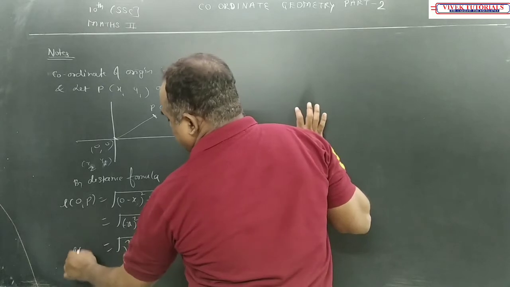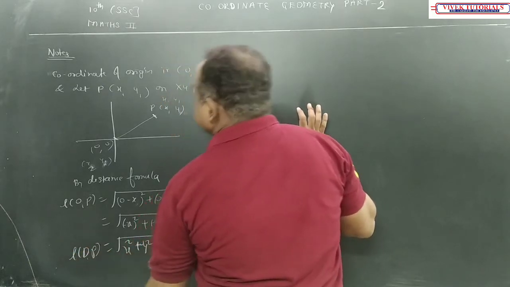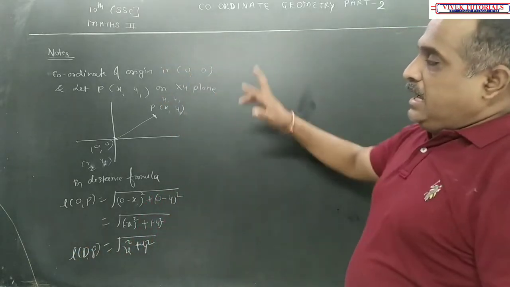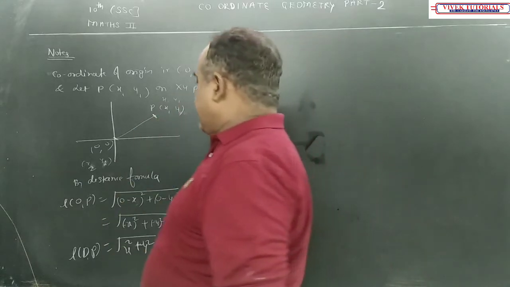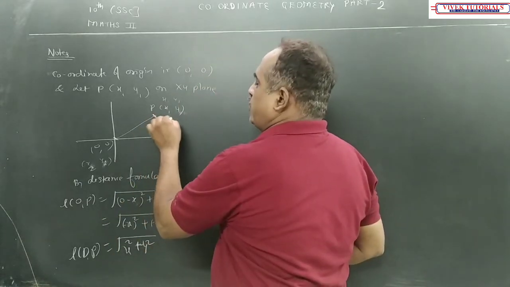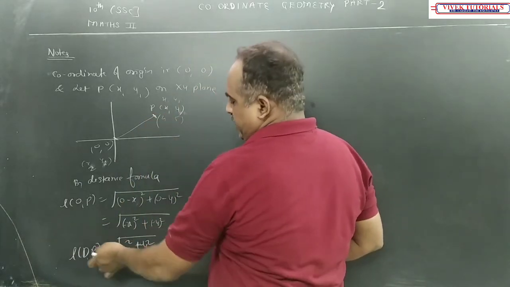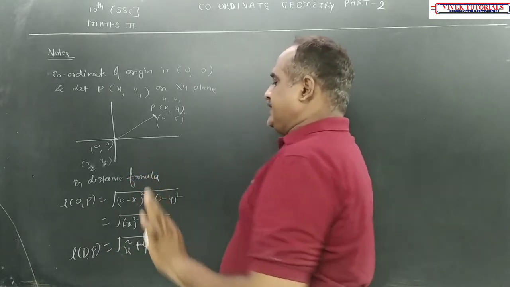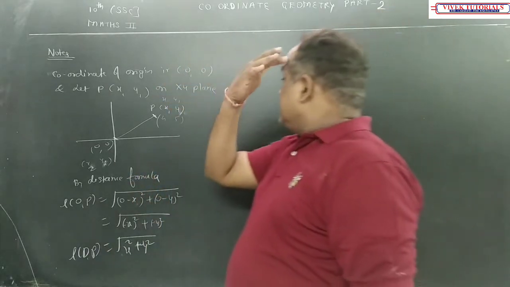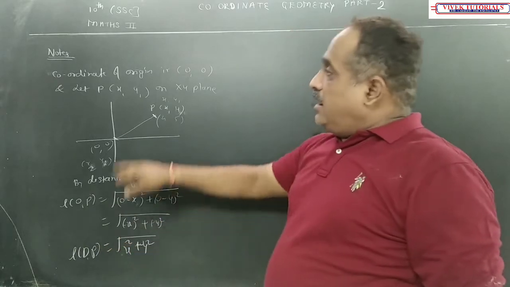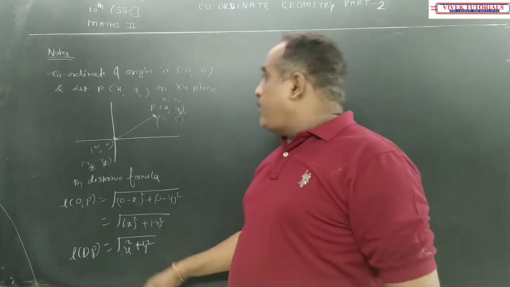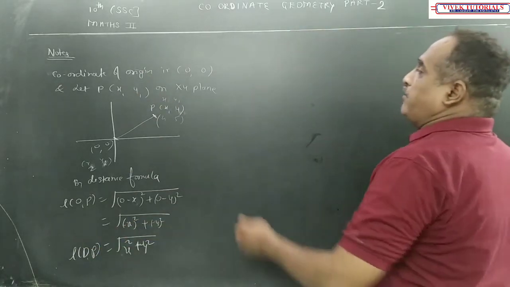So please keep in mind, if they ask the distance between the origin and any point on the plane, you just have to take, suppose 4 and 5, so OP will be root of 4 square plus 5 square. That is the distance between the origin and any point on the XY plane.